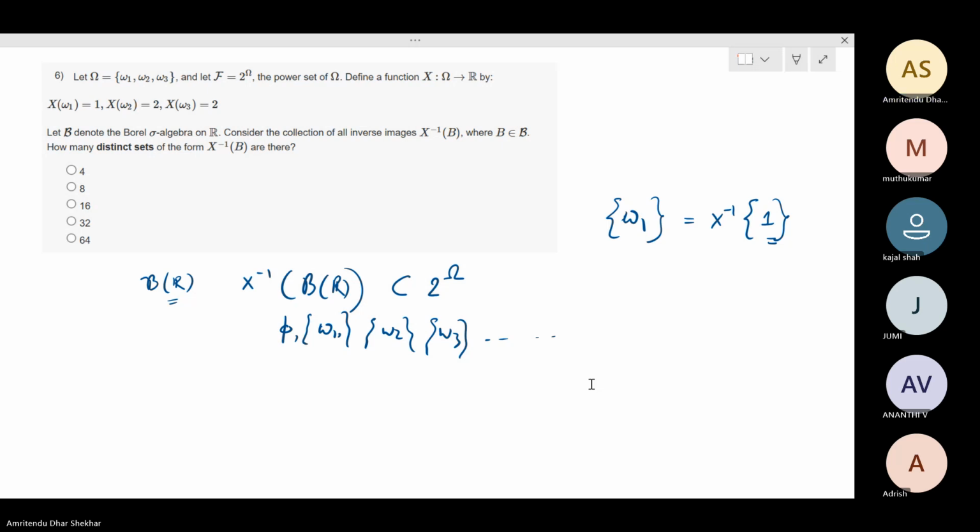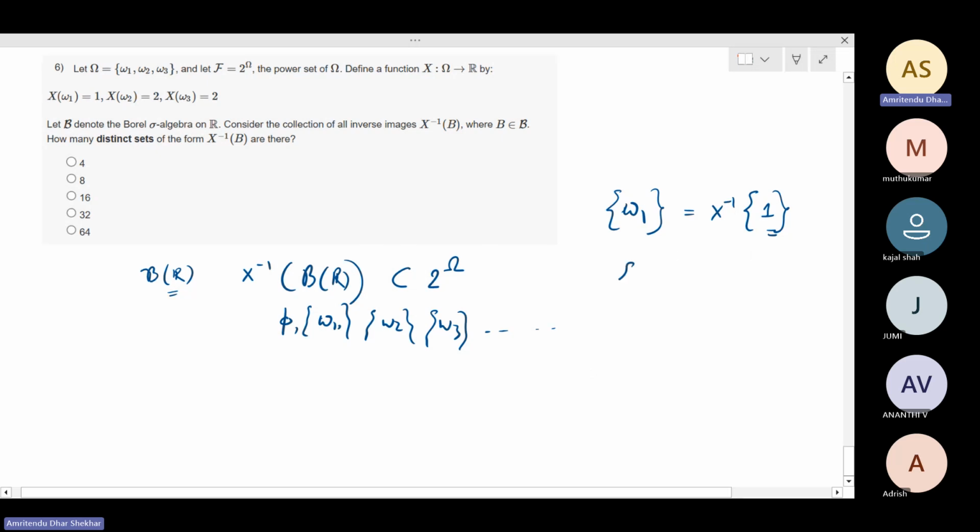Essentially, you evaluate all of these sets. Just to give an example, omega 1, omega 2 is not going to be a set included in this collection. Why? Because if it were, then let's say x inverse of some b is equal to omega 1, omega 2.